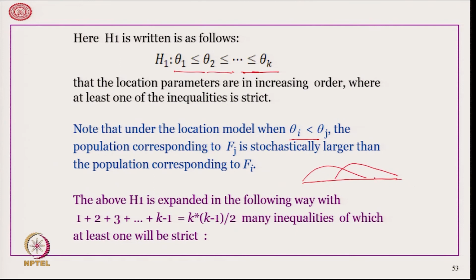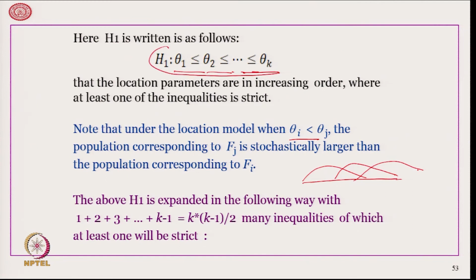Similarly, for f 3, which may be somewhat like this. Like that, for the k populations, we are trying to check if the null hypothesis can be rejected against this type of alternative.